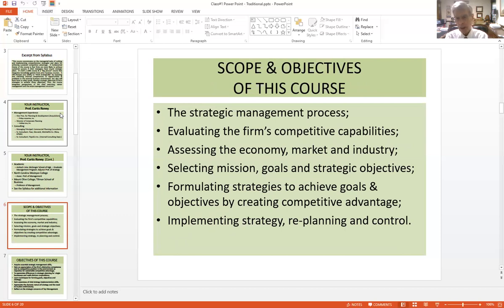The scope of the course is summarized on the slide, and we've pretty much covered it already, but it covers the strategic management process, all those steps that I talked about, to take a look at the firm's capabilities, the external environment, to select mission, and that is how the firm fits into the external environment and performs an economic purpose that justifies its existence.